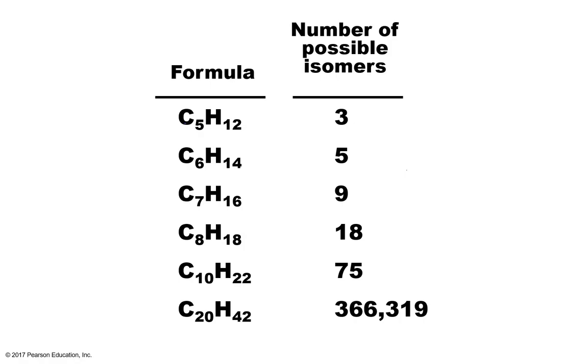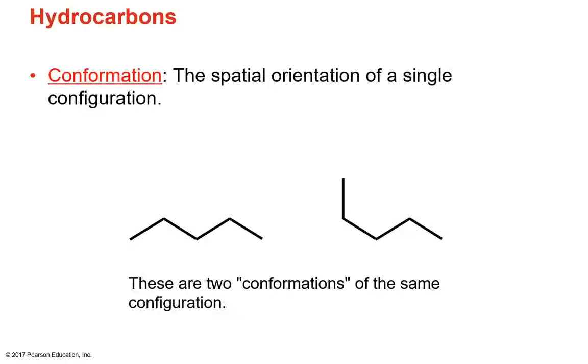We're good? Okay, next we have conformation. So we had configuration, different ways that we can configure the same number of atoms. Now I have conformation, which is the same configuration, but the angles between the bonds are different. Every one I was drawing was like the one on the left.